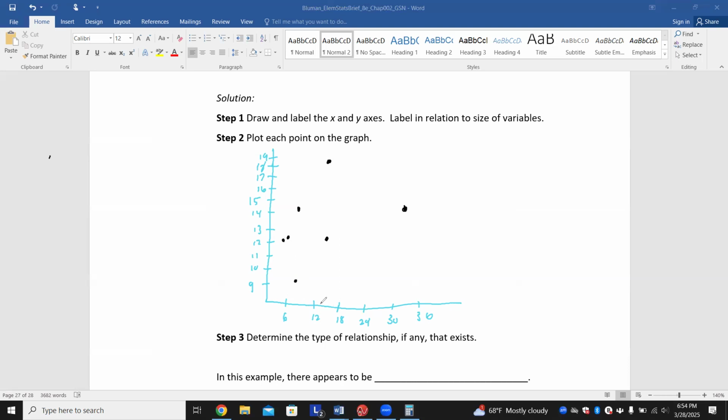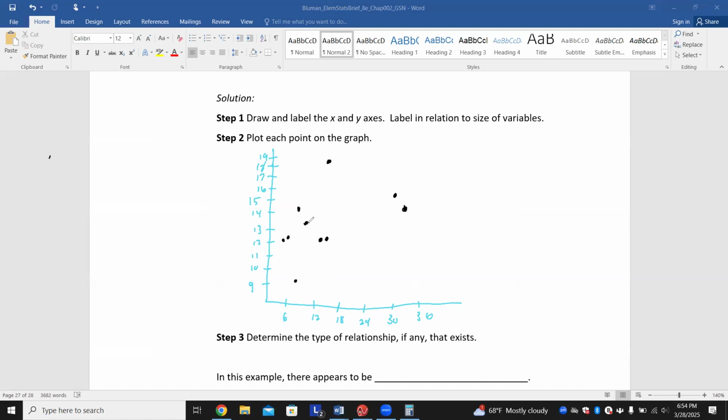Then we got 14, so 13, 14, just inside of this number here at 12.4, so about right there. 32 will be about right here at 15.2. And then we got about 10 right there at 13.4.